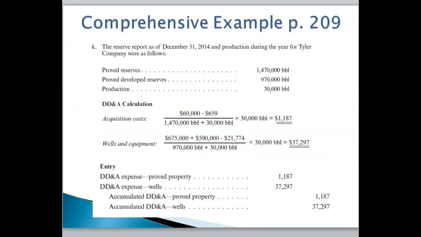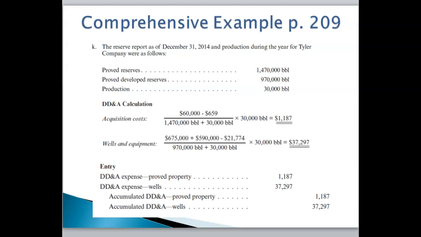Now to calculate our DDNA at the end of the year, the end of 2014, we had proved reserves of 1,470,000 barrels, proved developed reserves of 970,000 barrels, and production of 30,000 barrels. So the DDNA calculation for acquisition costs.